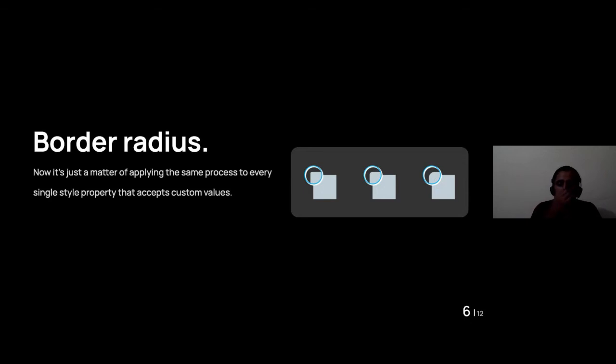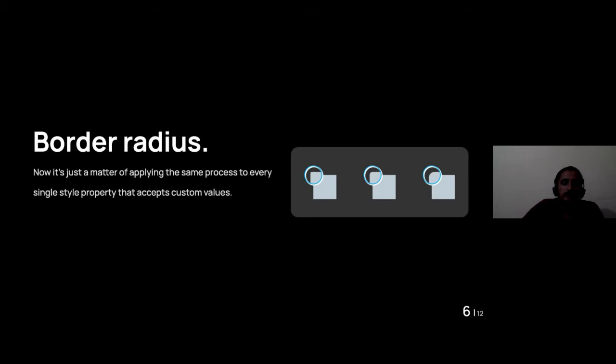We can define a small border radius for tiny components like checkboxes, tags, maybe labels. A medium border radius for buttons, inputs, and similar components which the user might interact with, and a larger border radius for larger components.